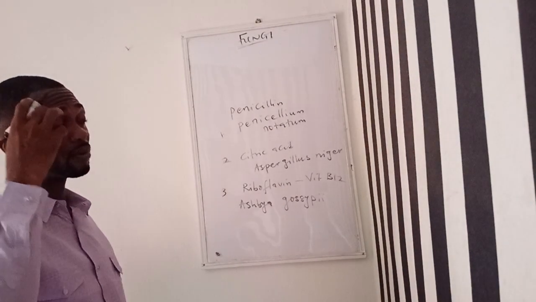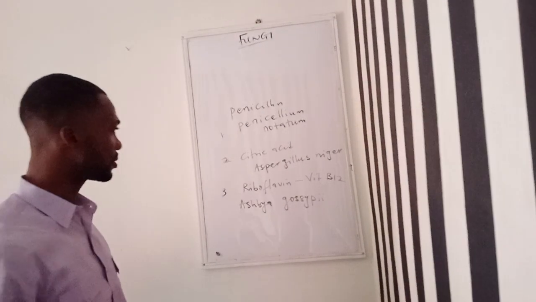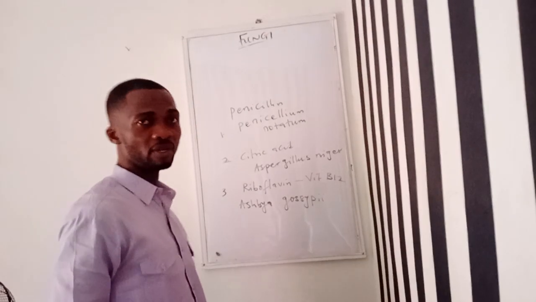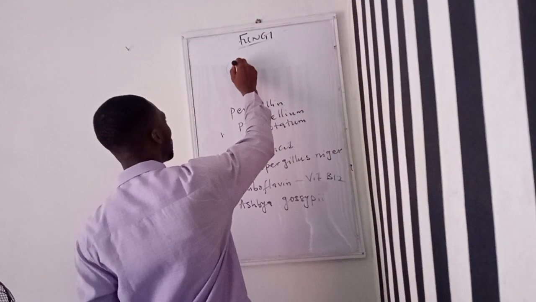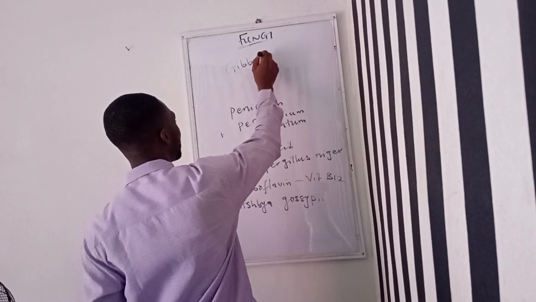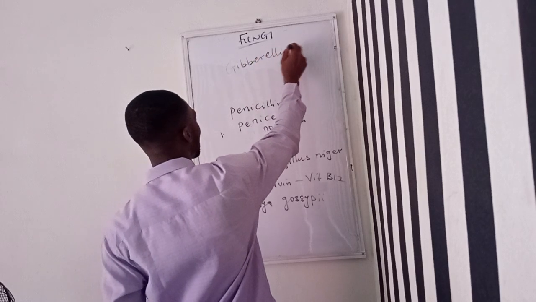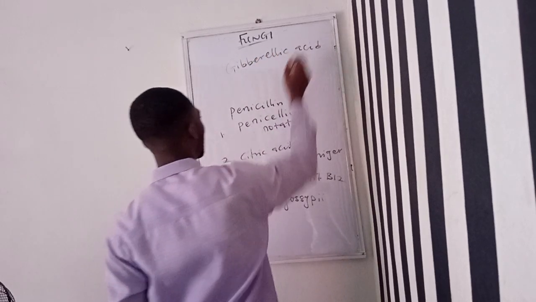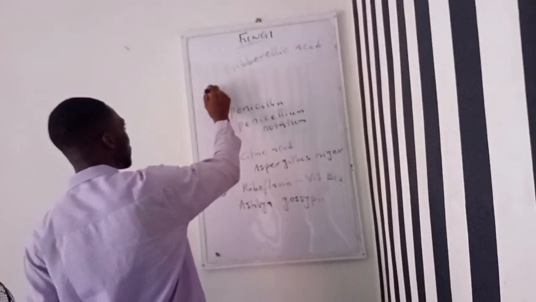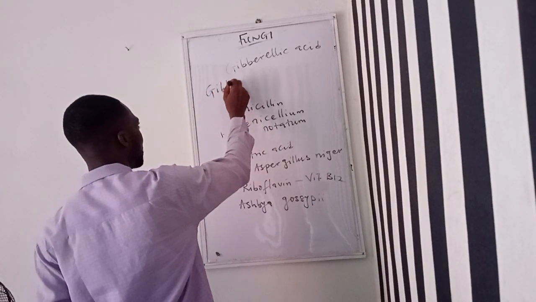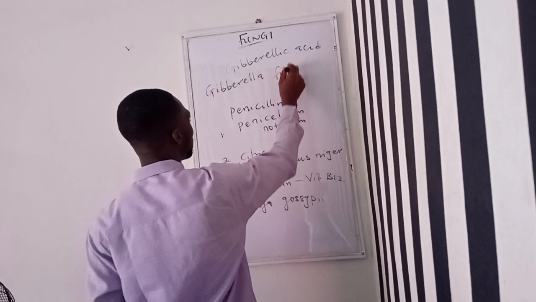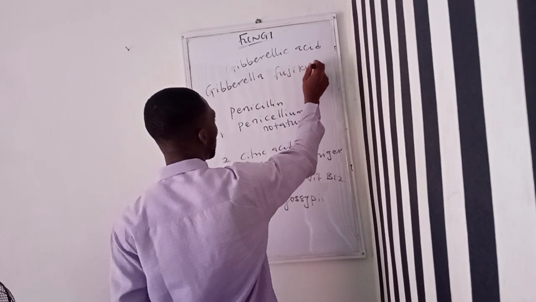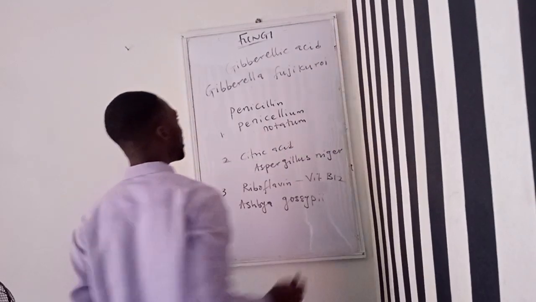Then we also have a fungus that helps in the production of a plant hormone called gibberellic acid. This gibberellic acid is produced by a fungus called Gibberella fujikuroi.